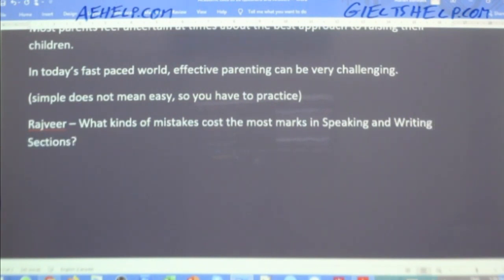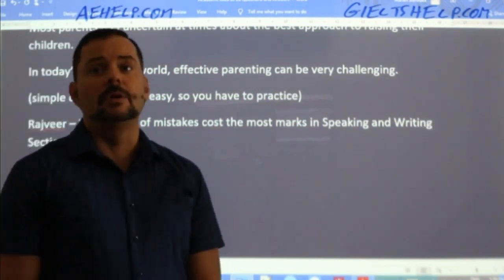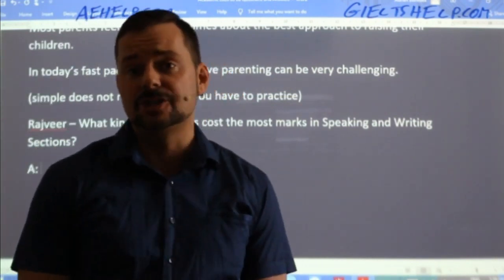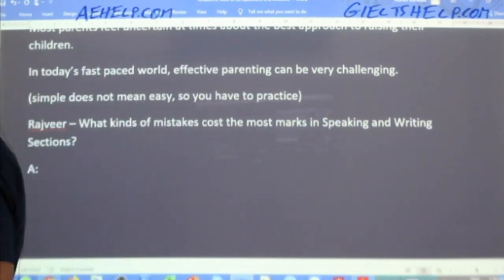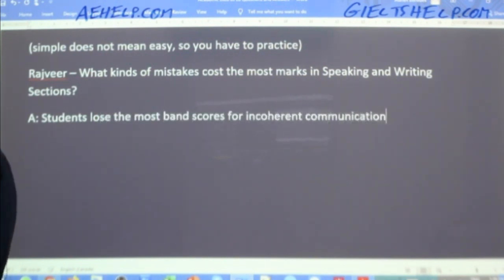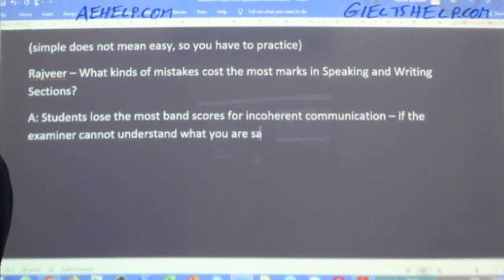Okay, there's a very simple and quick answer to that one, Rajveer, and it's a simple and easy answer, but it's not necessarily an easy one to catch or to correct, okay? So students lose the most band scores for incoherent communication. Okay, so this means if the examiner cannot understand what you are saying because of your accent, for example, which is not actually that common.